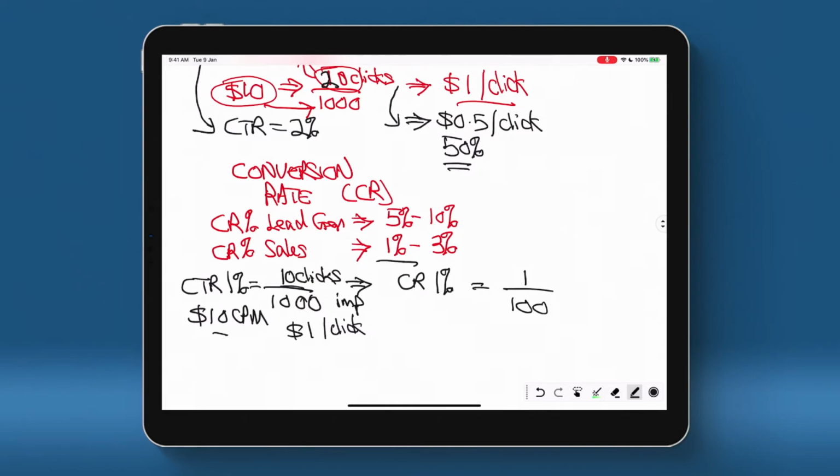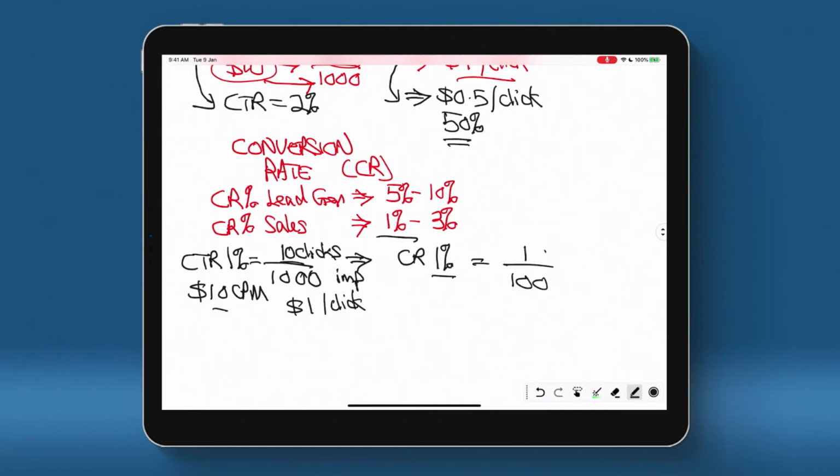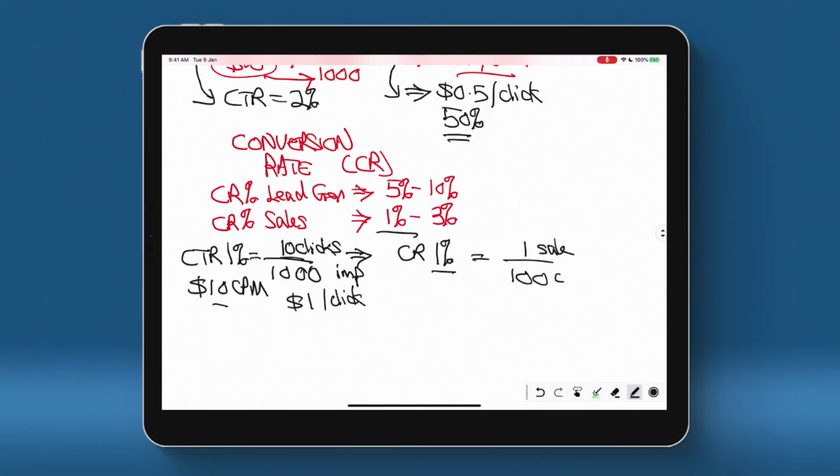To find out the total cost based on CR at 1%, well, it would be much easier if you knew what that 1 and 100 meant. So 100 means 1 sale for every 100 clicks. So now the clicks become the denominator.